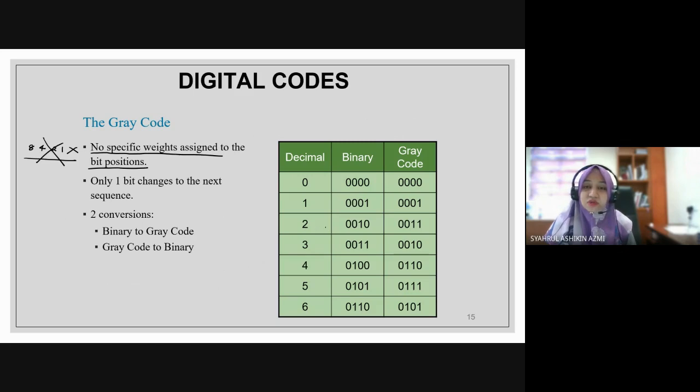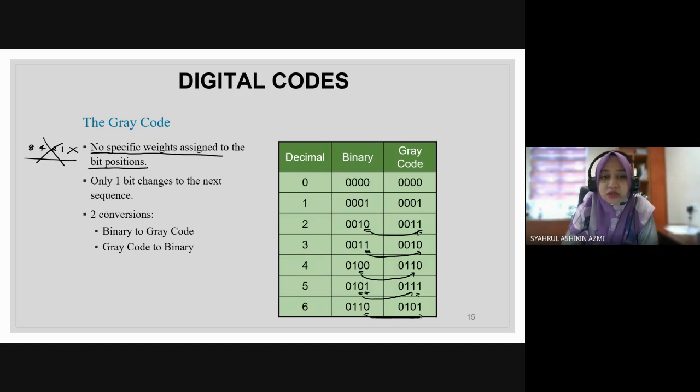But when decimal is 2, binary is 010, and in gray code you change this 0 here to 1, and then this one here change to 0. Okay, this is how the bits from binary and gray codes change accordingly.